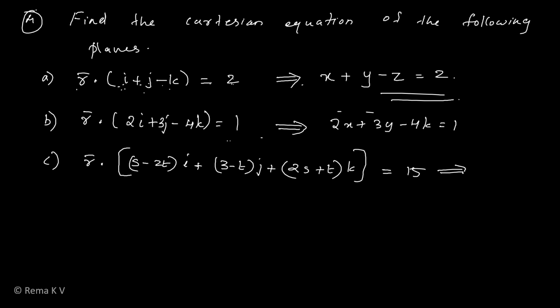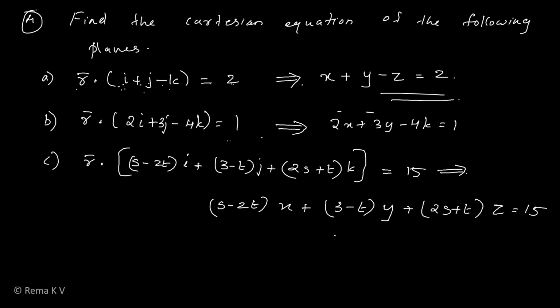What is the Cartesian form here? (s minus 2t)x plus (3 minus t)y plus (2s plus t)z equals 15. This is the Cartesian form.